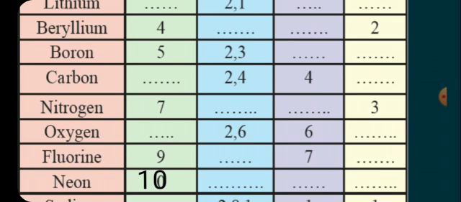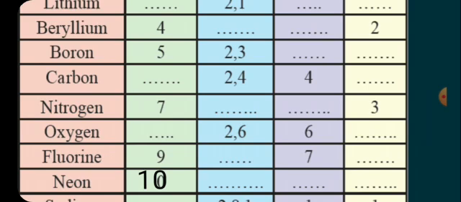But if the valence electrons exceed 4, means if there are 4 valence electrons or more than 4 electrons, then we have to subtract valence electrons from digit 8.